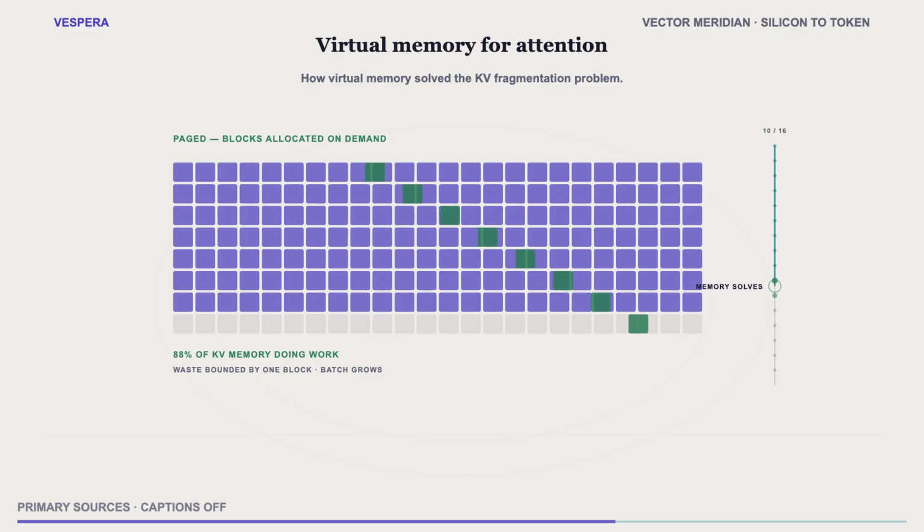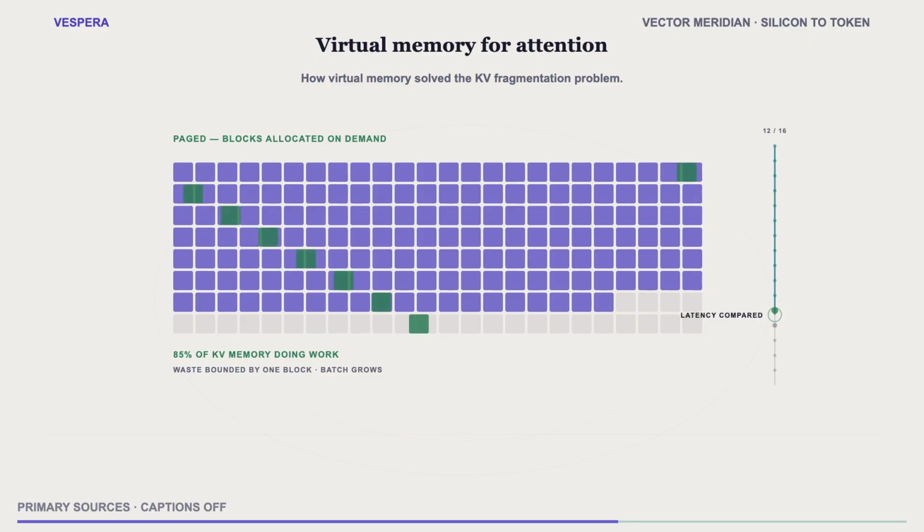The result is stated directly: near-zero waste in KV cache memory, and throughput improved by 2 to 4 times at the same latency compared to the previous state of the art. 2 to 4 times more throughput, not from faster arithmetic, not from a better kernel or a new number format, but from not wasting memory. I want to underline why that is possible, because it is this act's recurring lesson. In a memory-bound regime, capacity is throughput.